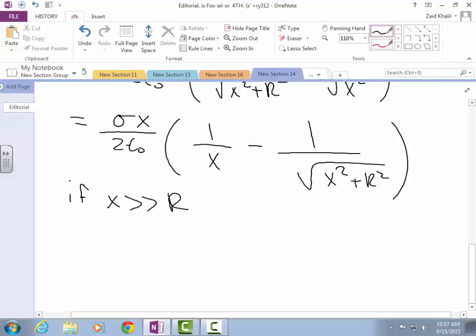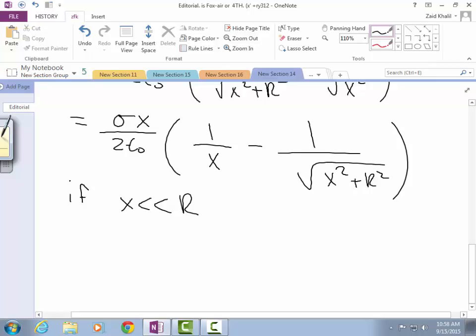That's going to be 1 over x minus basically 1 over x. So we got a problem. This is what we're actually going to need that formula for, the linear approximation. So let's go for the other case. I knew there was a reason why I introduced it, and it's for this.